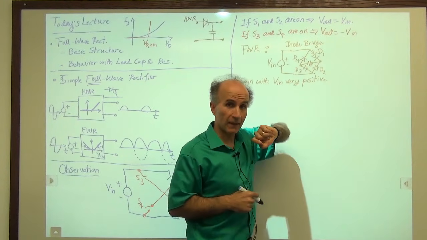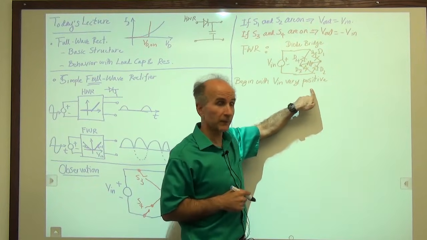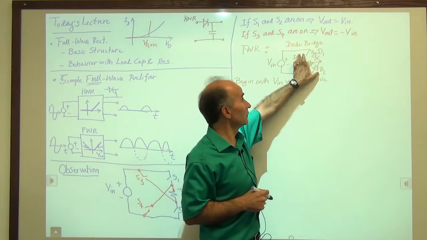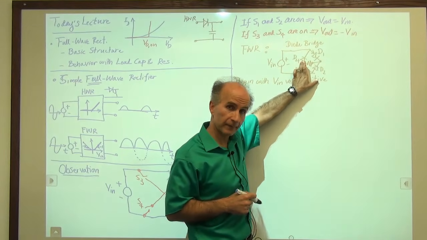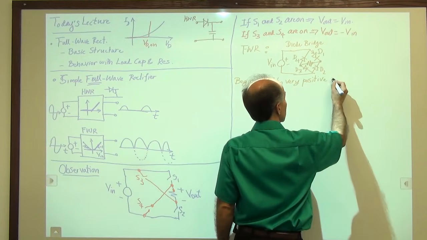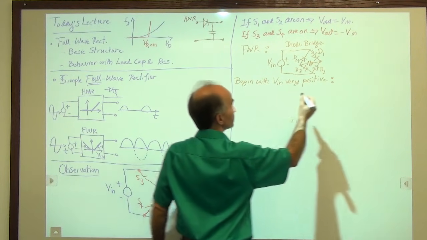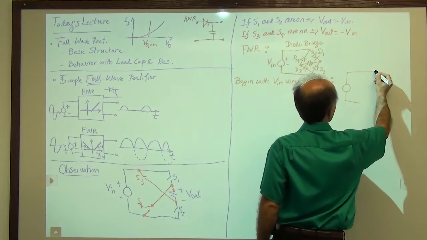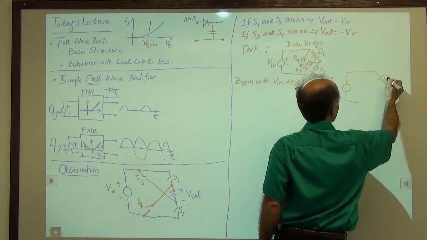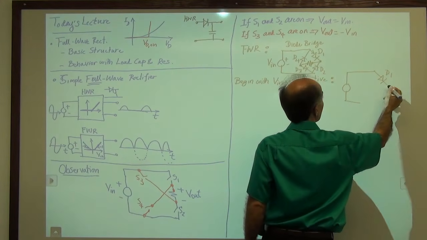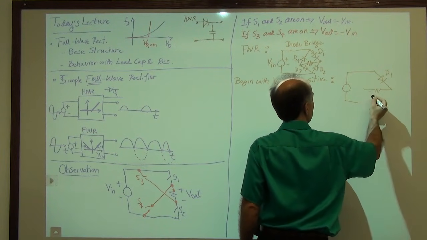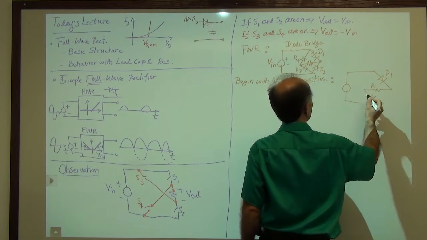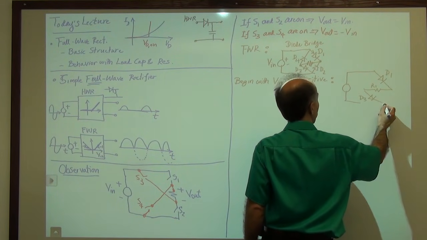So what we are thinking is that when Vn is very positive, D1 is on, and so is D2, and these other 2 diodes in the parallel branches are off. So the circuit reduces to something like this. We have our voltage source, then we have D1, which is on, and then the load resistor, call it R1, then we have this diode, which we call D3, and then we go back to the voltage source.